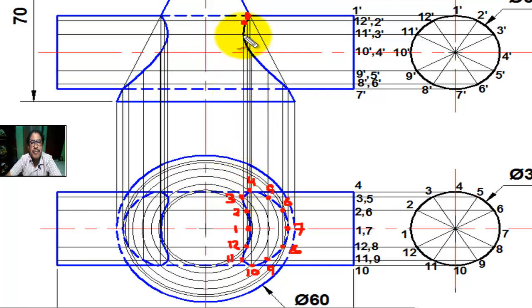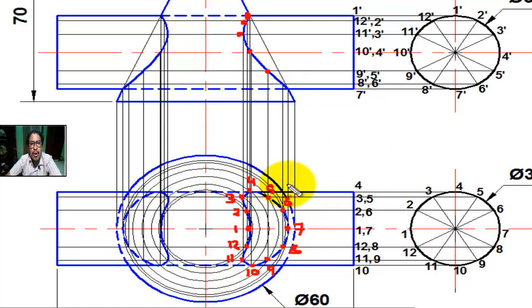From 3, draw vertical line. This is 3 dash point. Draw horizontal line. It intersects at that point. From 4, draw vertical line. It cuts at that point. From 5, draw vertical line. From 5 dash, this is horizontal line.